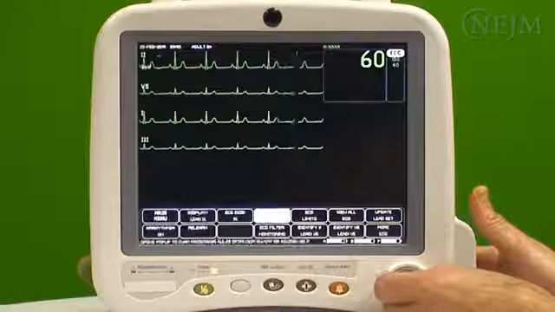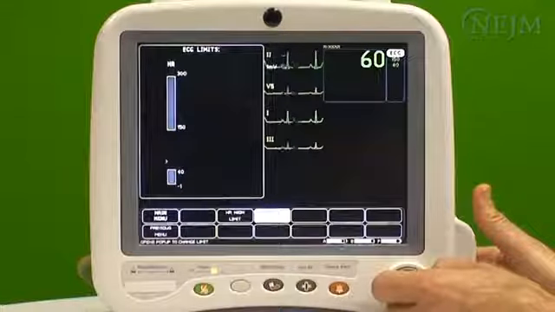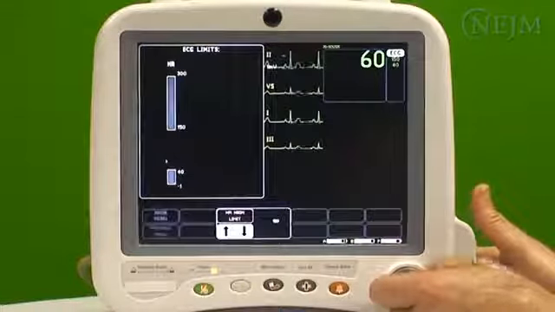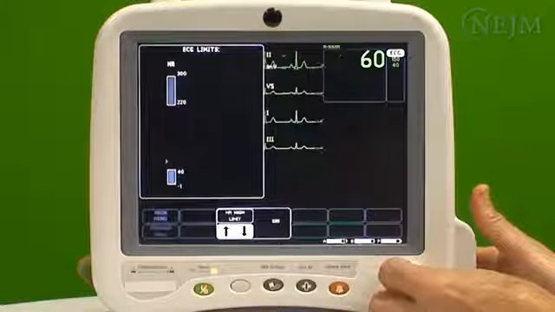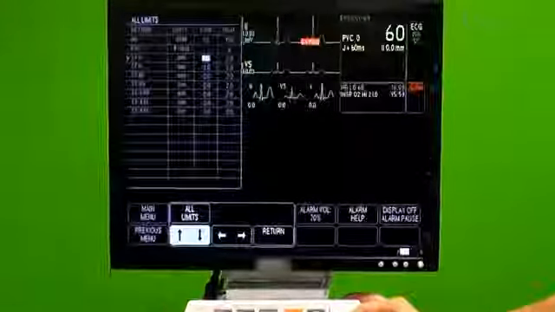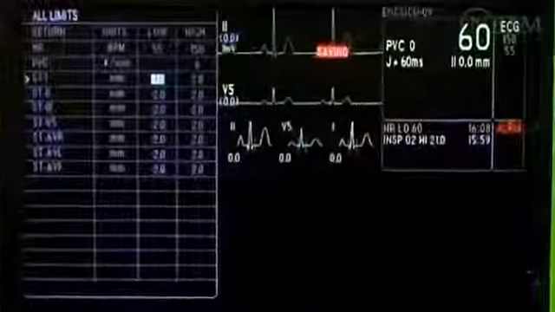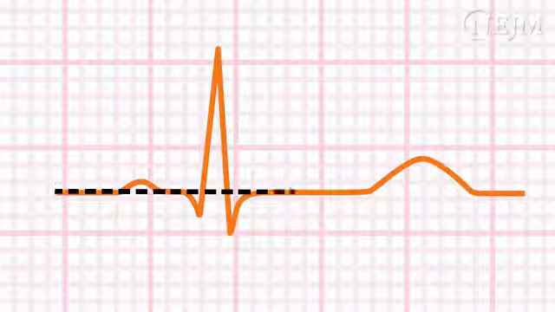Next, adjust the ECG setup. Confirm that specific alarms are enabled as appropriate. Selection of the appropriate settings for the alarms on the monitor depends on the patient and the clinical circumstances. ST segment alarm should be set at 1 or 2 millimeters from the patient's baseline, rather than the isoelectric line, to avoid any false ST alarms.